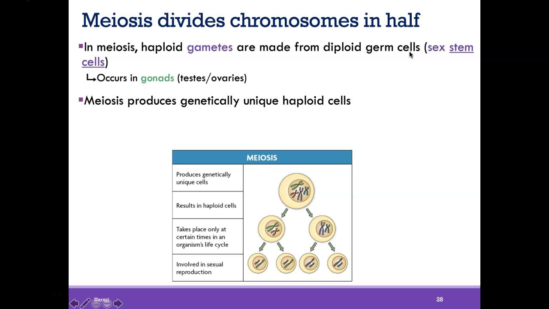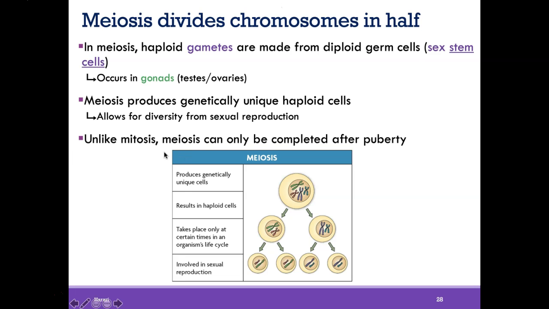It's meiosis that produces these genetically unique cells that allow for the diversity from sexual reproduction. So meiosis is key to sexual reproduction so we can get that diversity, so we can withstand any possible changes in the environment, and our species has a better chance of surviving and reproducing. And unlike mitosis, meiosis can only be completed after puberty.